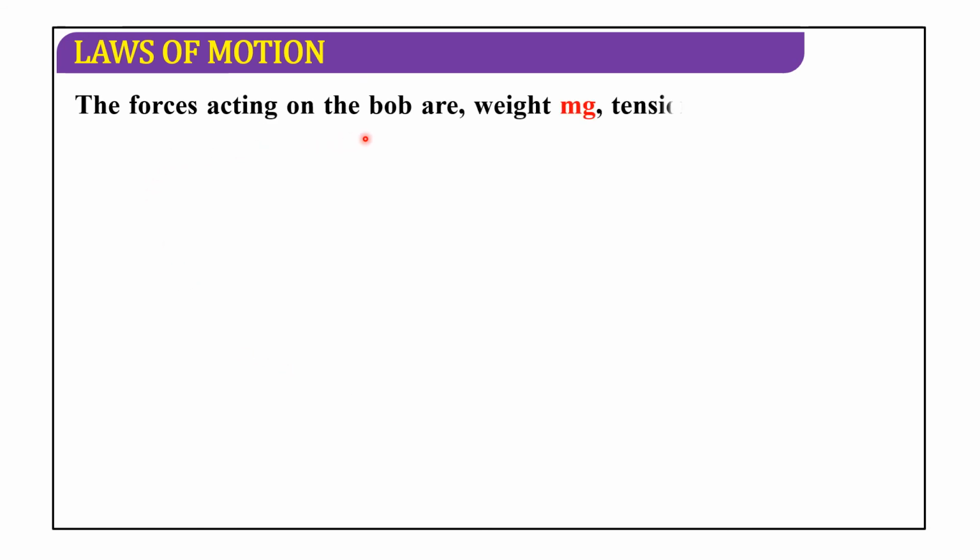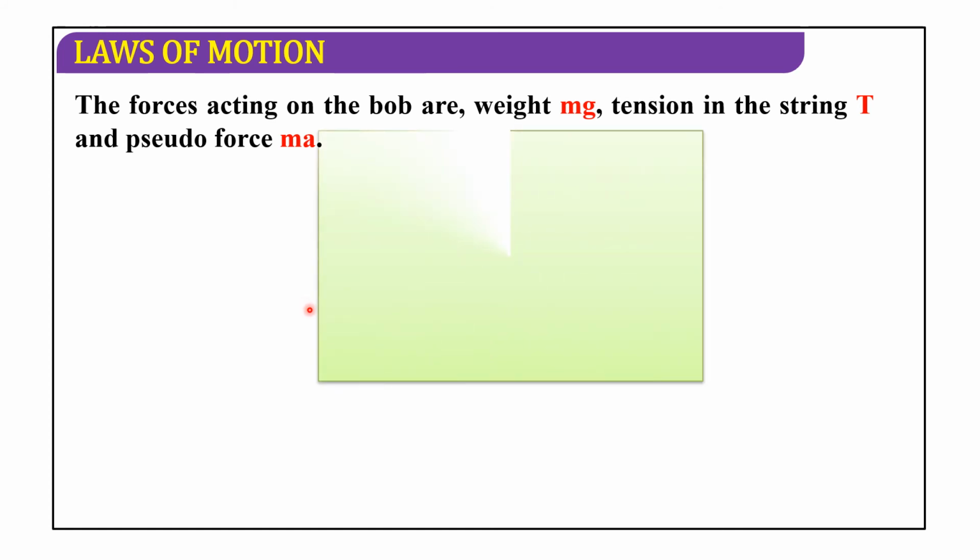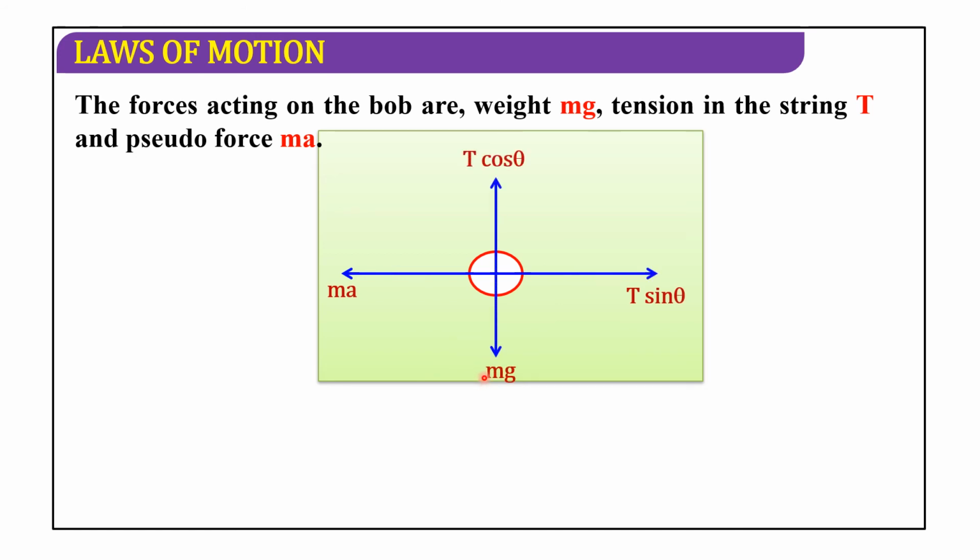The forces acting on the bob are weight mg, tension in the string T, and the pseudo force ma. T is resolved into two components, T sin theta and T cos theta.